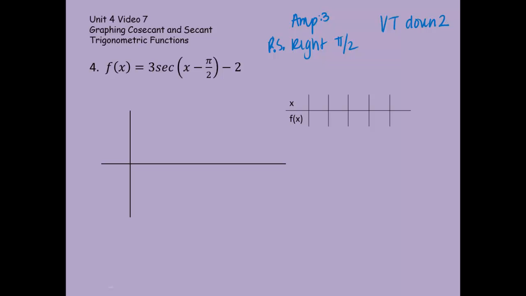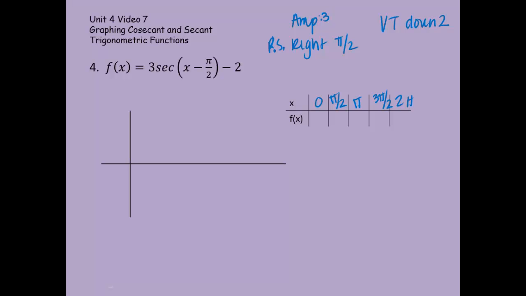So keeping my standard period for sine, cosine, secant, and cosecant as 2 pi, I will start my table. So if you want to start making your table for cosine, you can. If you don't want to make your cosine table, then you can just go straight into the secant table where you would just turn all those zeros into undefineds.